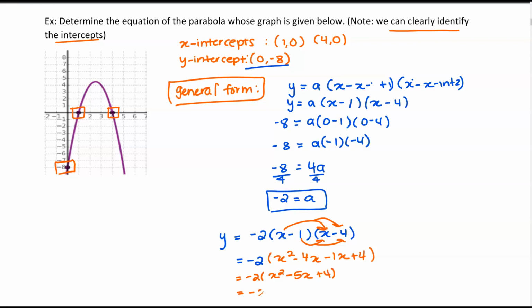And then we end up with -2x squared plus 10x minus 8. And so this right here is our expanded form of our function f of x. Okay, so the general expanded form.